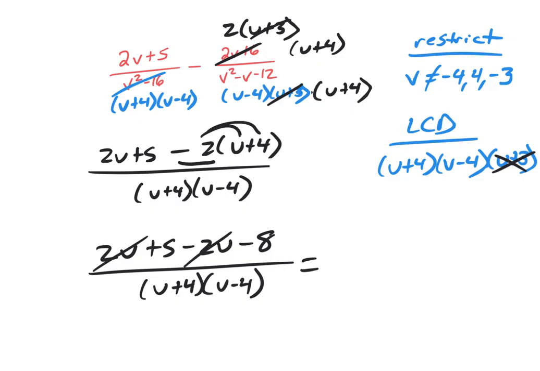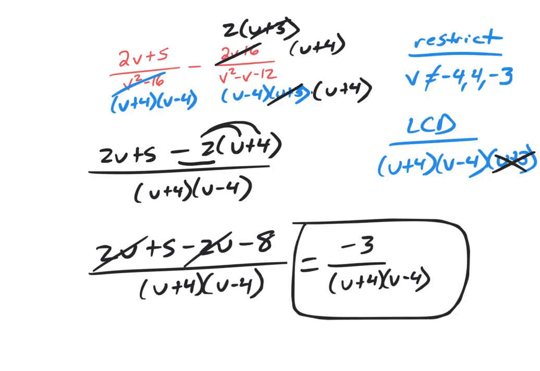And we're left with 5 minus 8 on top over v plus 4, v minus 4. Okay, and that would be our answer.